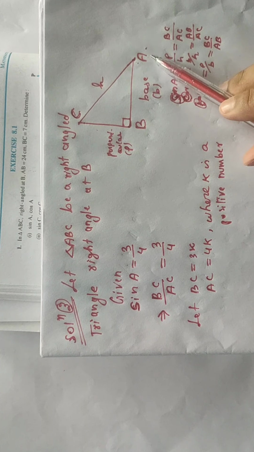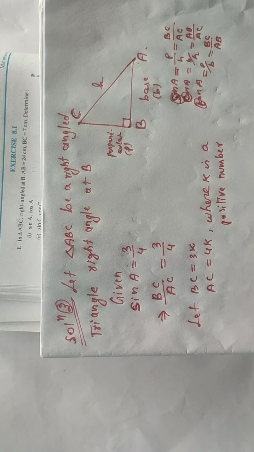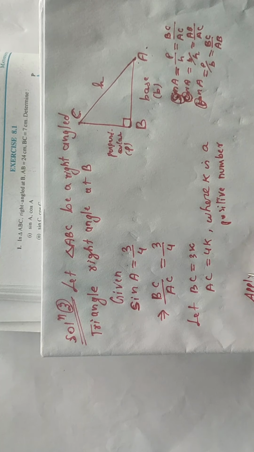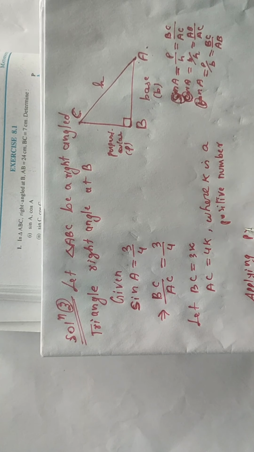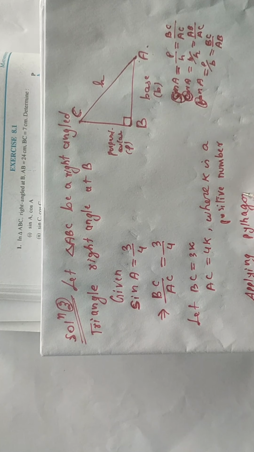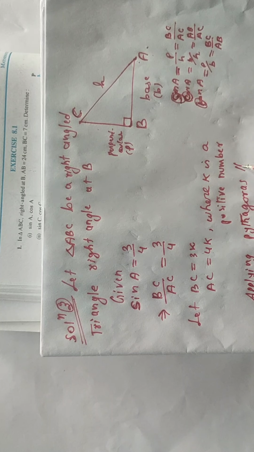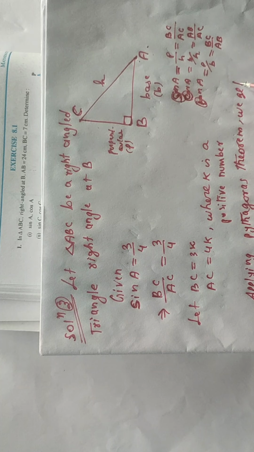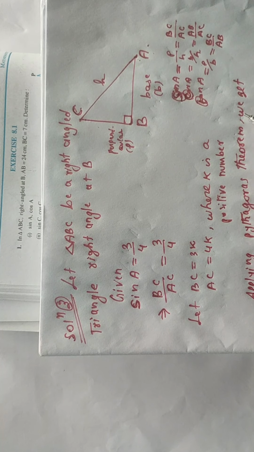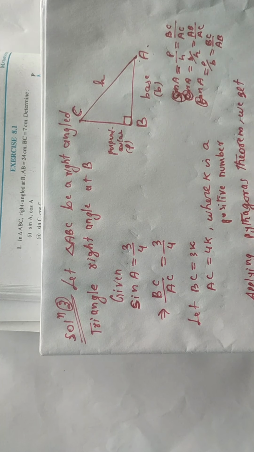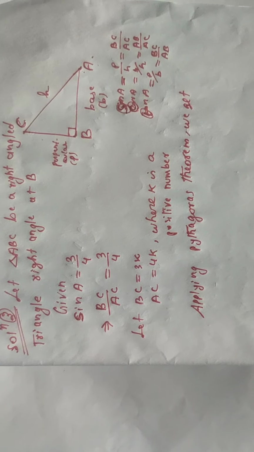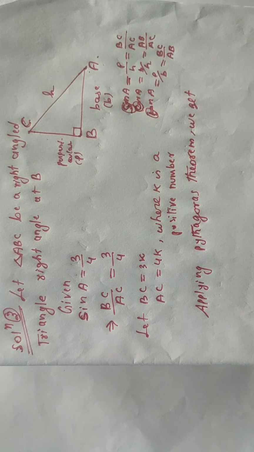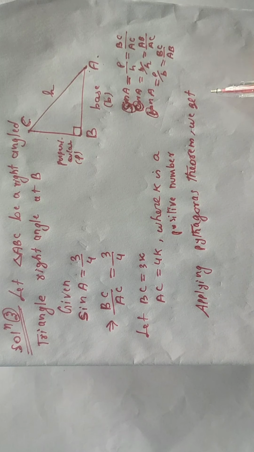So to find out this AB, we have to apply Pythagoras theorem, isn't it? Applying Pythagoras theorem in this triangle ABC, we get, what is the formula for Pythagoras theorem?